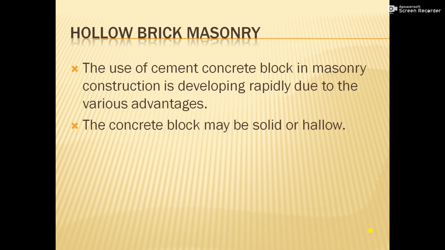To make use of these blocks in construction, the overall length and the width of the wall should be fixed accordingly so as to make the use of one block or half-length blocks possible. So this type of hollow brick masonry, nowadays its use is increasing because of the lot of advantages of this material over other building materials.